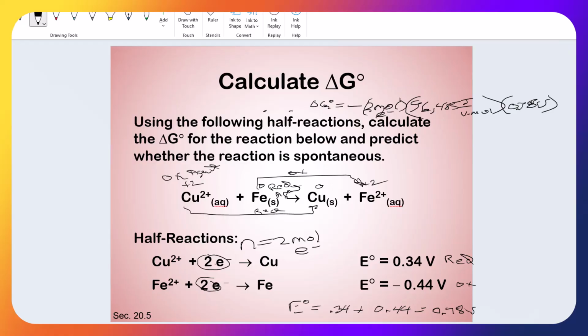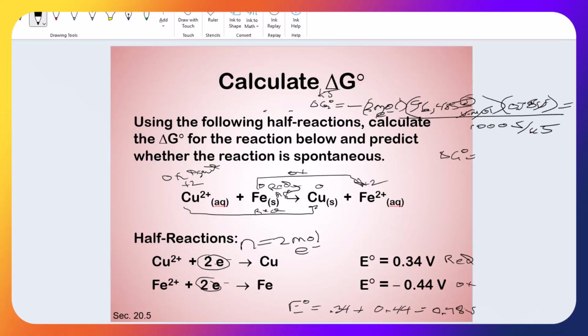Moles of electrons cancel. Volts cancel. Now this is going to give us an answer in joules. What do we usually report delta G in? Kilojoules. So once we get our answer here, we need to divide it by 1,000 joules per kilojoule to get it into kilojoules, which is the way we normally report delta G.